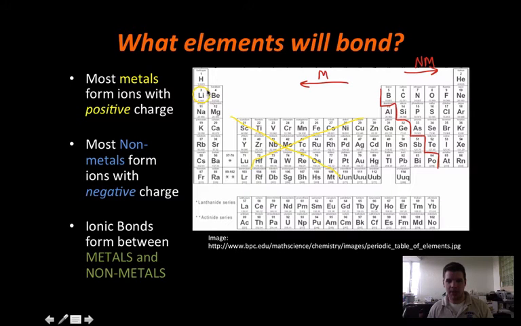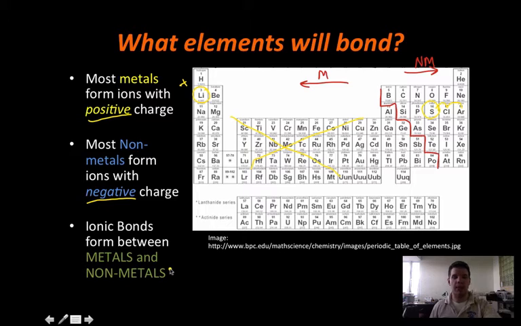Well, lithium is a metal, right? Is he going to gain 7 to go into the noble gas category, or is he going to just give 1 up? He'll just give 1 up. So the atoms over here tend to lose electrons, which makes them end up with a positive charge. And the nonmetals, again, they're closer to the noble gases. They tend to gain extra electrons, and so when they do that, they tend to form negative charges.